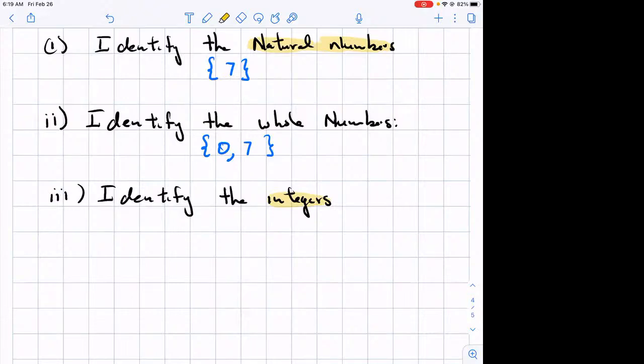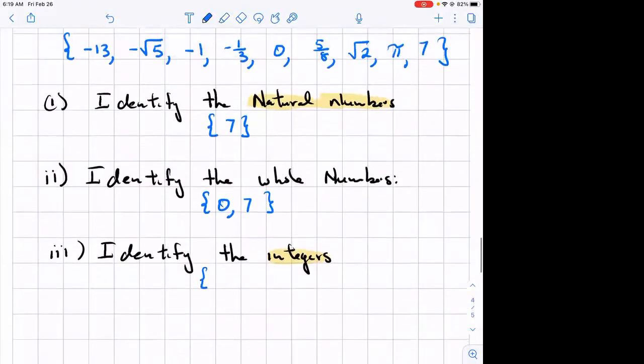Integers are whole numbers that are both negative and positive. If we go through our list, it has to be a whole number. We have negative 13. Minus root 5, we know that will be some decimal number. Then we have negative 1. Negative 1/3 is a fraction.